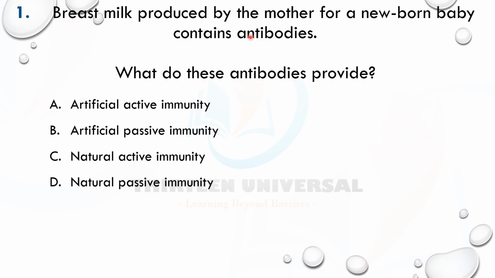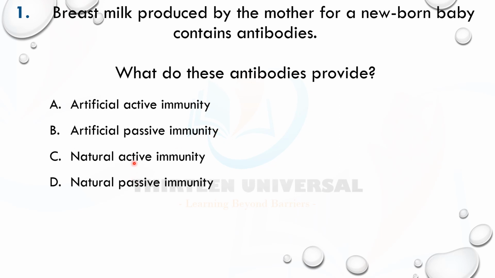Now because these antibodies are not made by the newborn but by the mother, it is passive. The newborn cannot make antibodies, so it depends on the antibodies from the mother. Anytime an organism depends on antibodies made by another organism to protect it from a pathogen, that is passive.